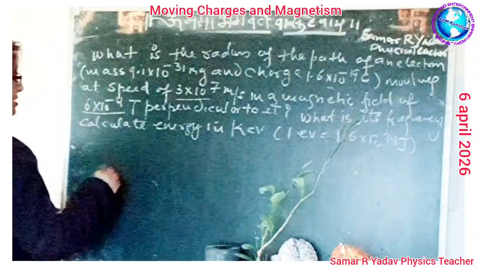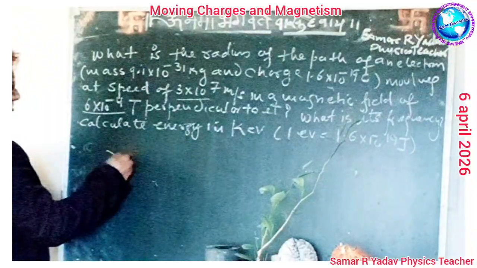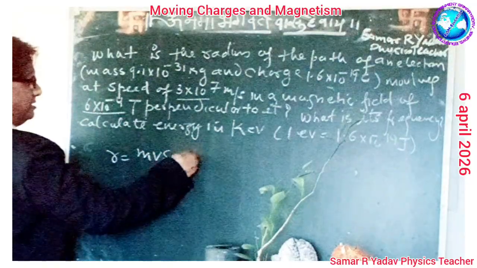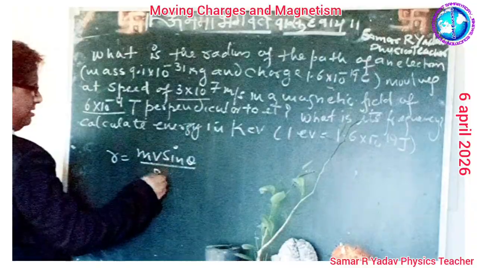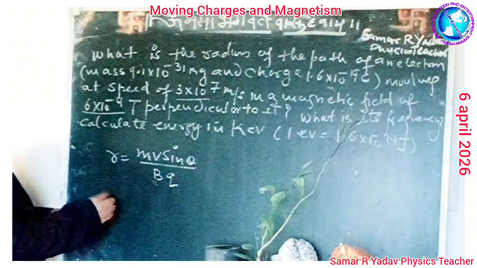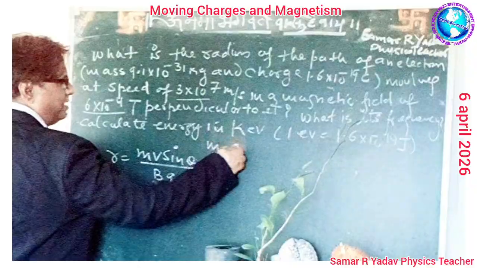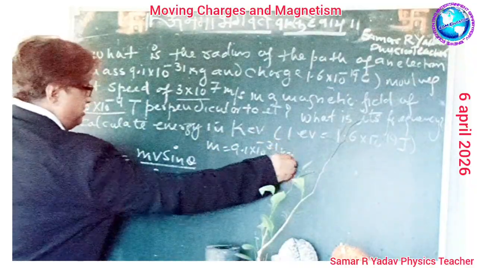Now we will first get the radius of the path. R is equal to mv sine theta upon B into q. Here mass is given, that is m is equal to 9.1 into 10 to the power minus 31 kg.